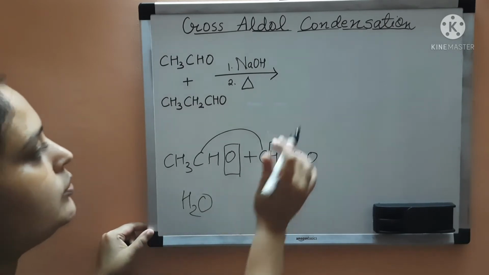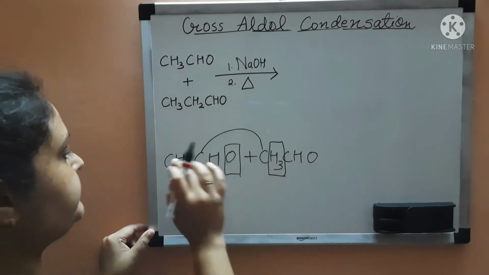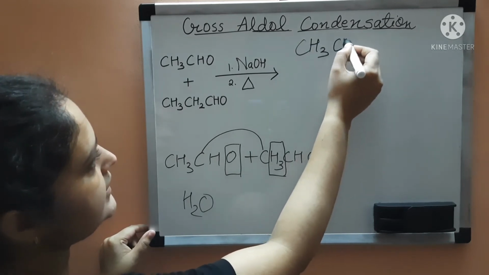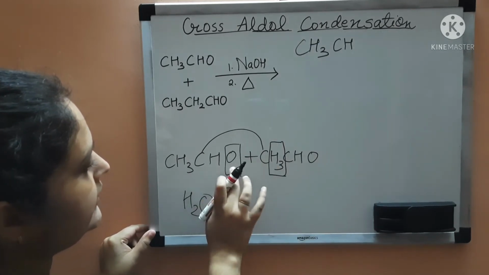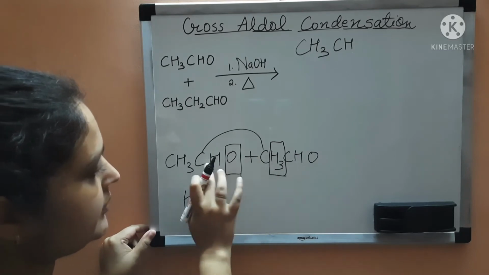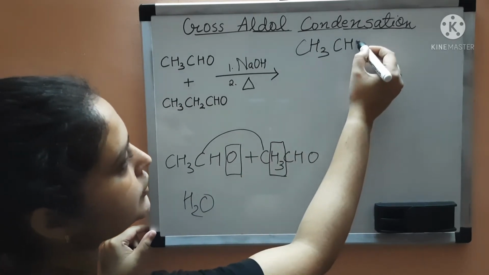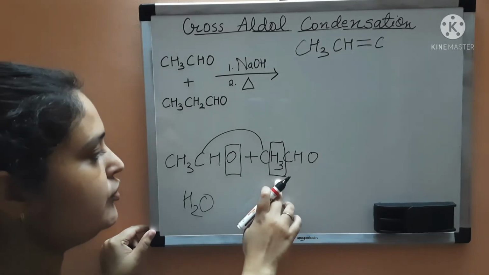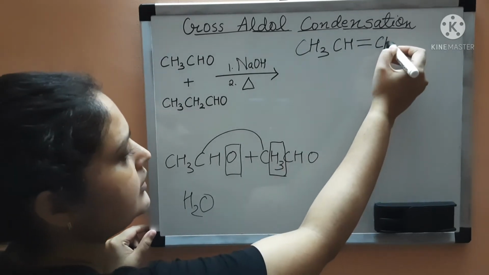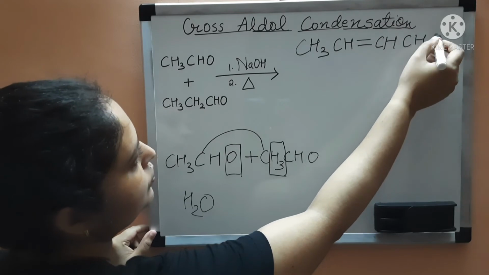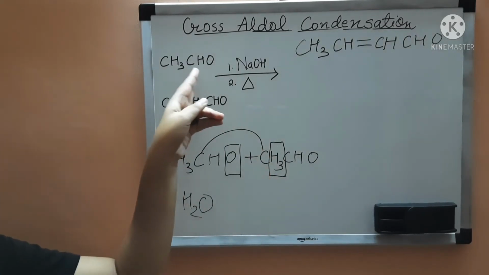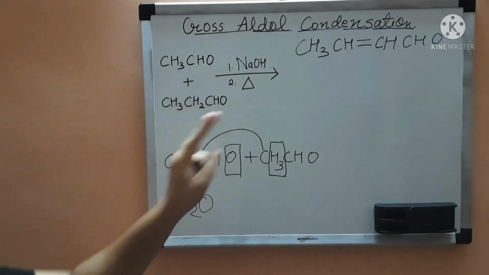So what will be the first product? It will be CH3, CH, and the oxygen is removed. There will be a carbon-carbon double bond here, and two of the hydrogen atoms are removed, so one hydrogen atom is left here, and then CHO. This is our first product, made from two molecules of ethanal.